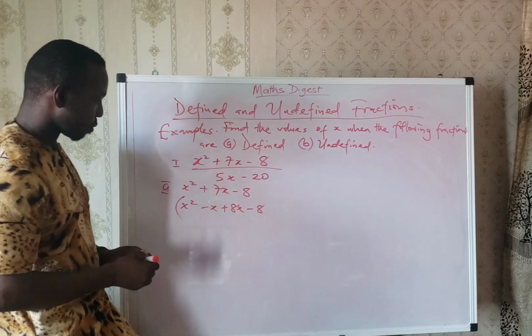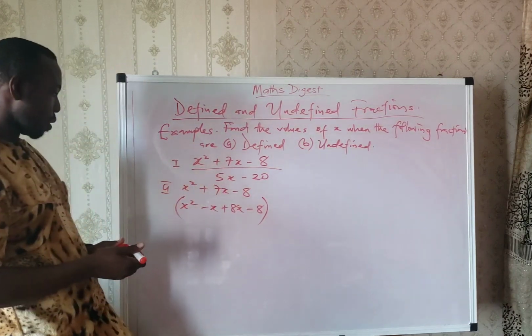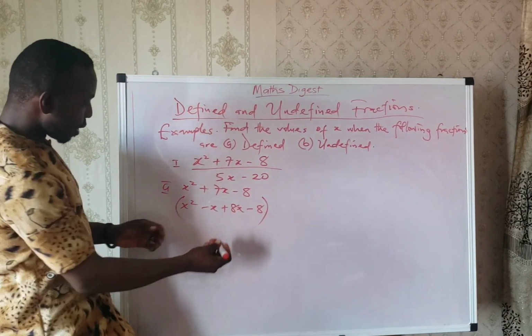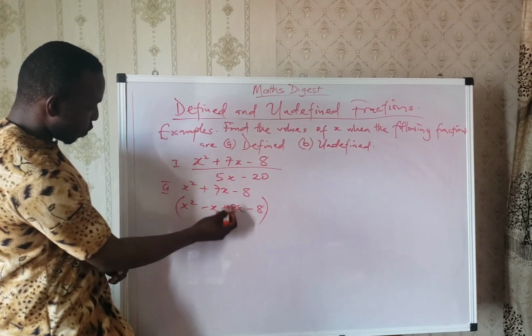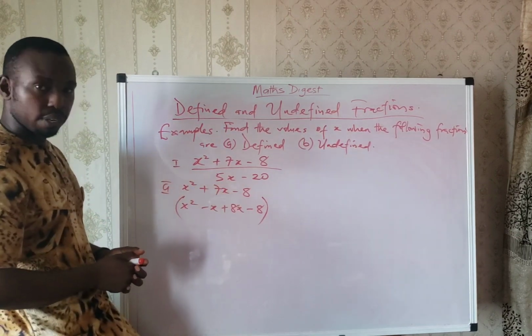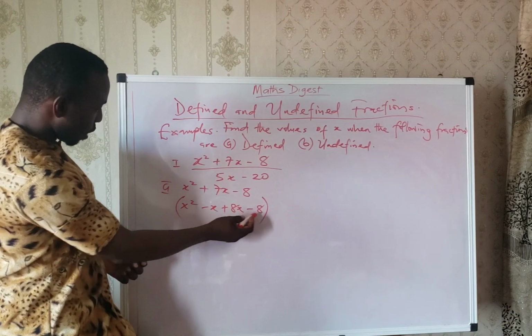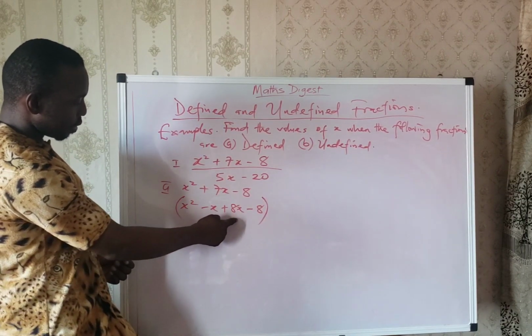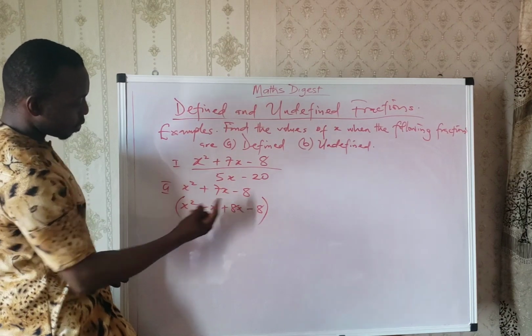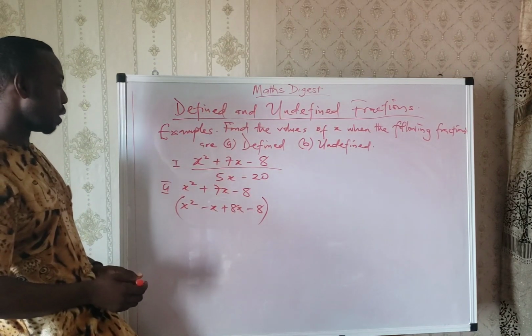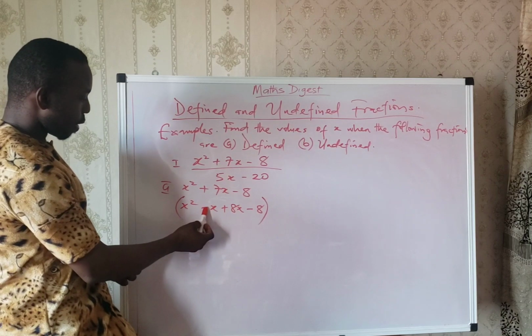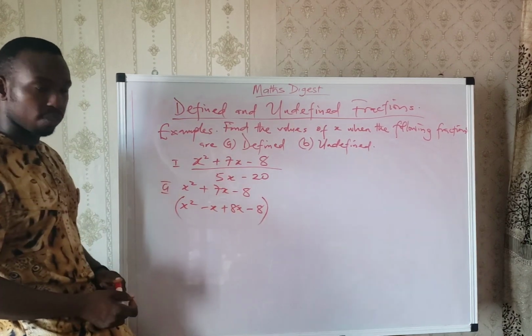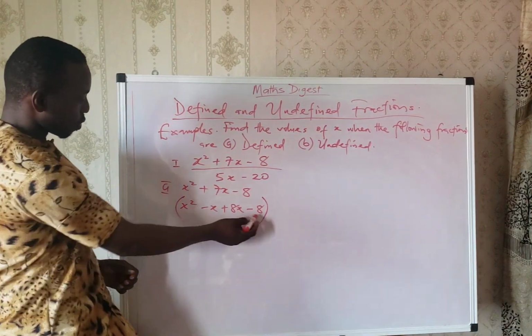Now let's check. If we check this, we see that this plus this will give you positive 7x, and this times this will give you the product of this, because minus x times plus 8x, minus times plus, will give you minus. So that's the product of this.